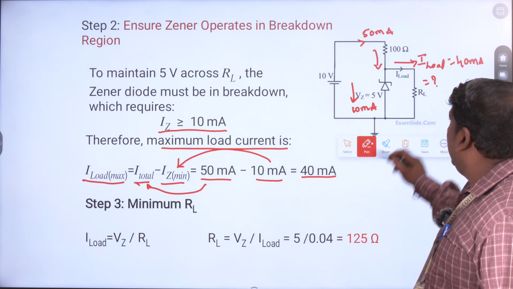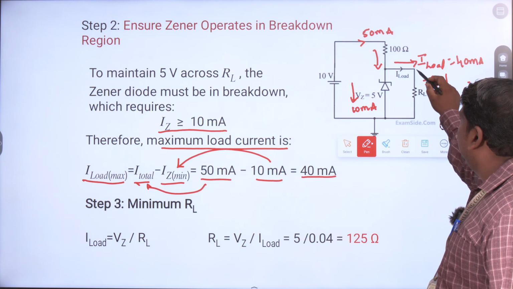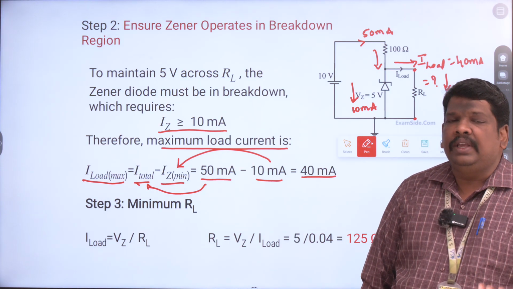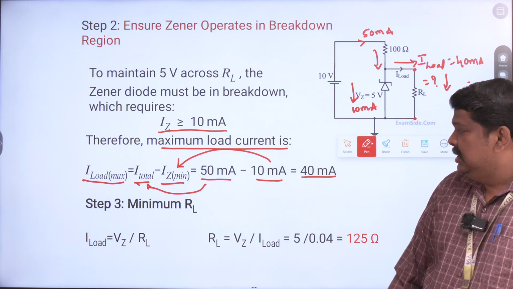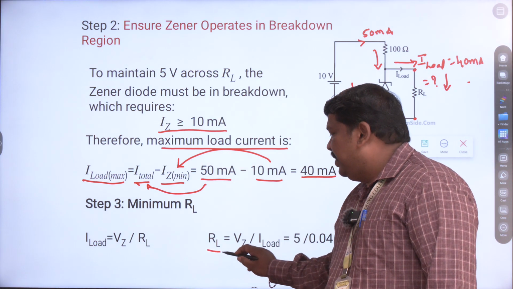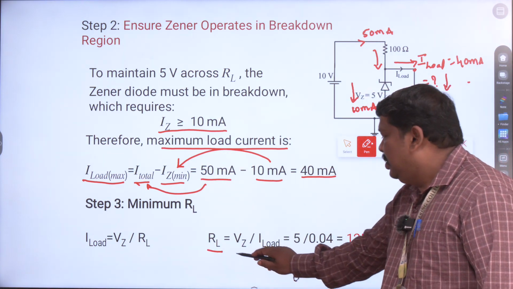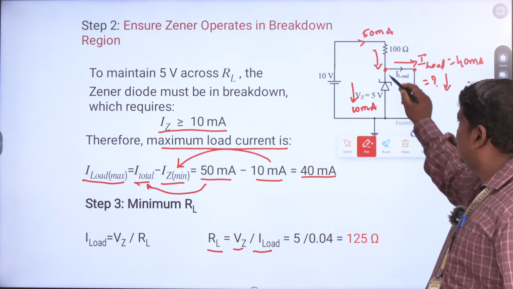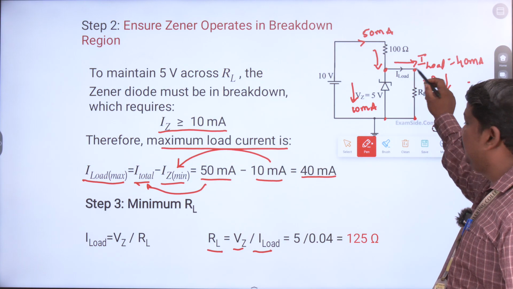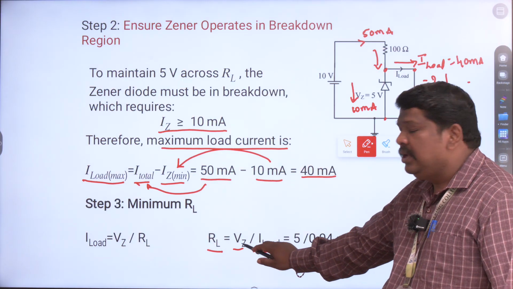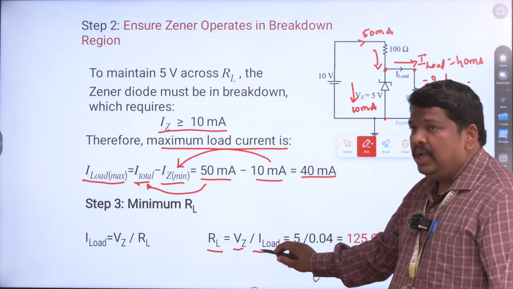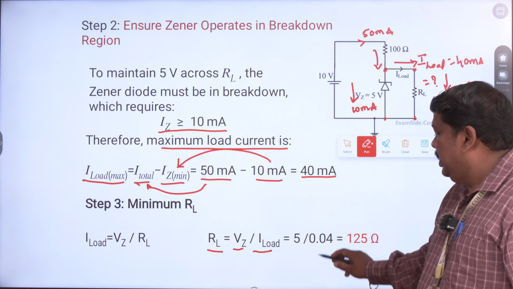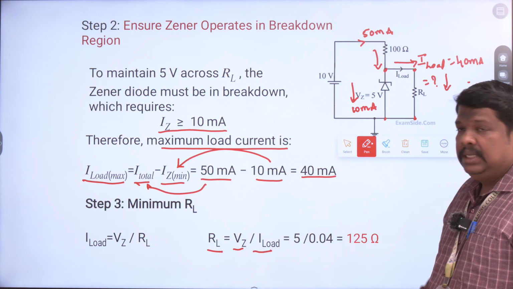Next, we have the current flowing as well as the voltage across your load resistance, so we can find the value of the load resistance. The formula is R equals V by I. The Zener voltage is connected in parallel with your load resistance, so we take the Zener voltage divided by the load current we just calculated: 5 divided by 0.04 amps.